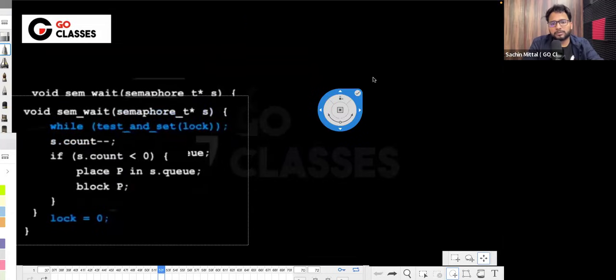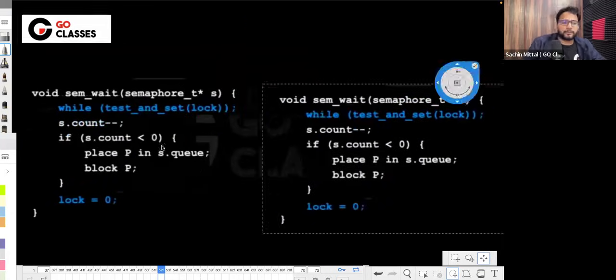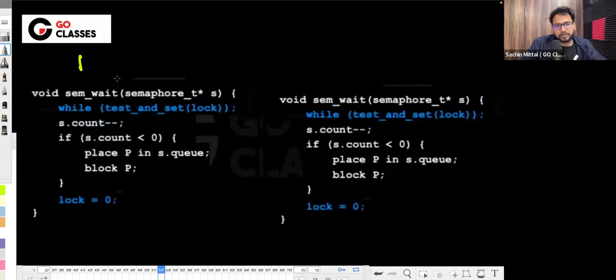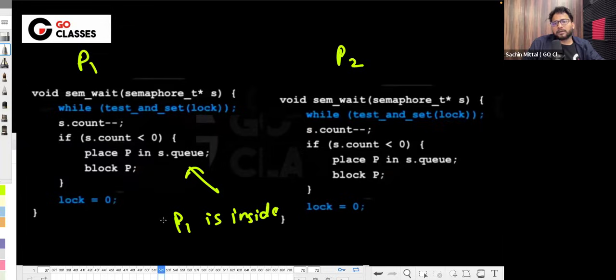Let me write P1 and P2 here. Let's suppose P1 is inside the critical section and P2 is waiting here.